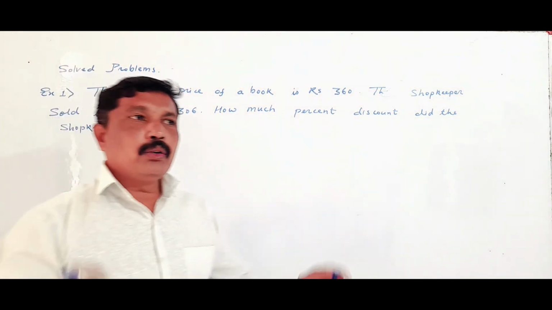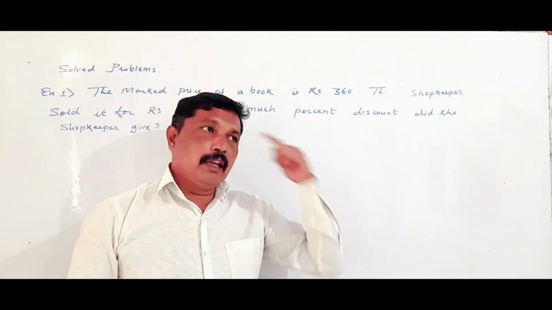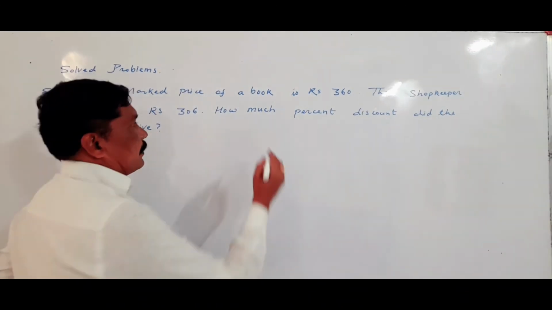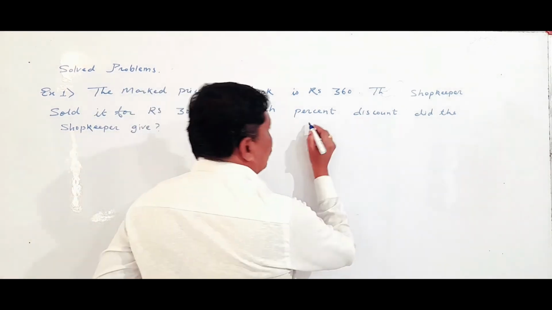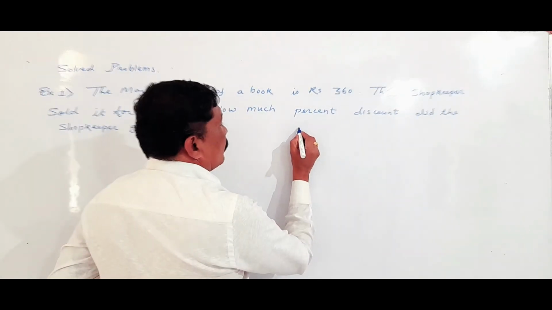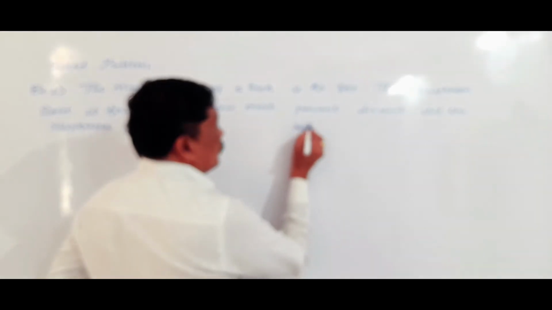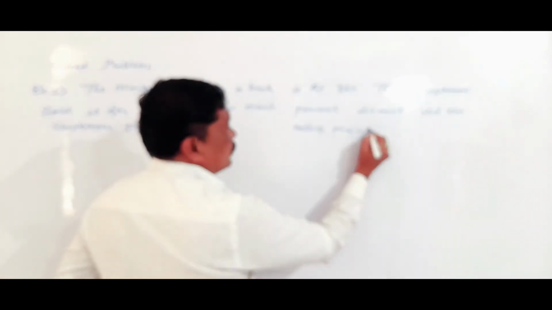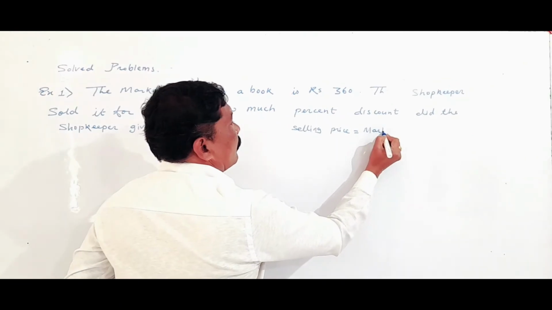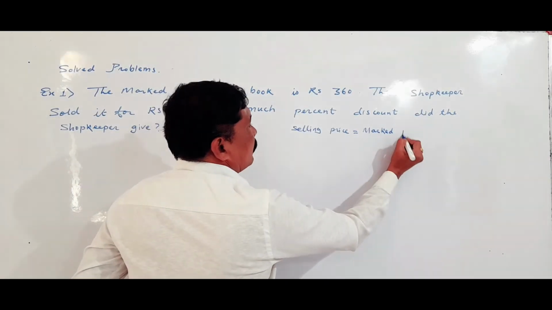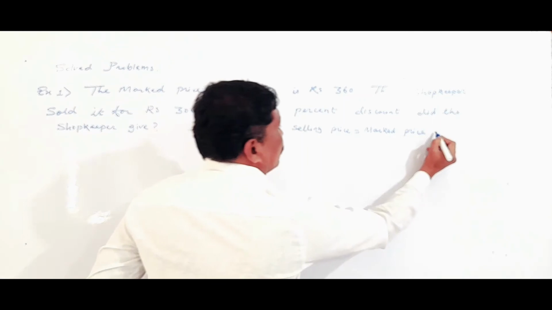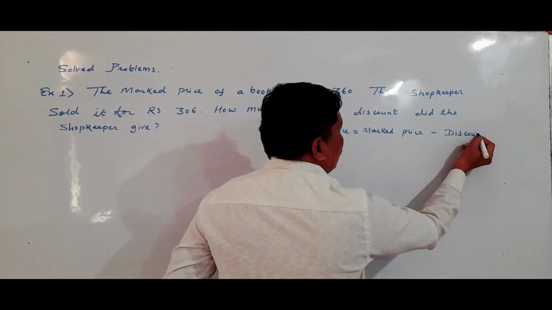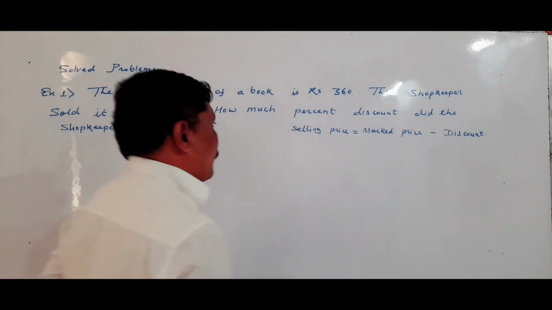Before going into a problem, first we'll keep in mind the formulas which we have studied. Selling price is equal to mark price minus discount.